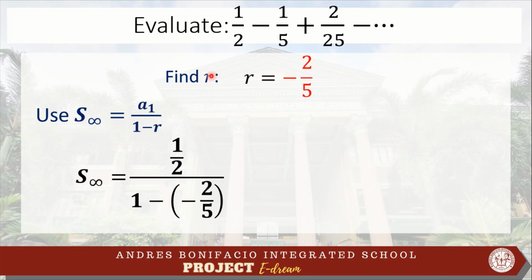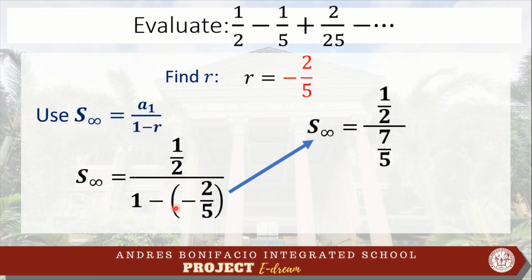Substitute the values of a sub 1, which is 1/2, the first term, and the value of the common ratio, that is negative 2/5. Simplifying further, we have the sum to infinity is equal to 1/2 divided by 1 minus negative 2/5. This becomes plus, so negative to negative.